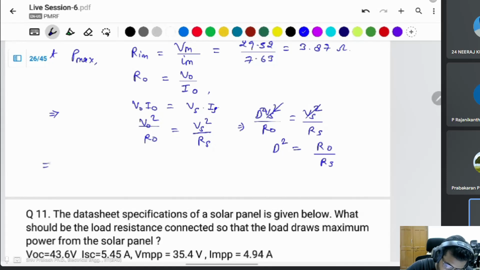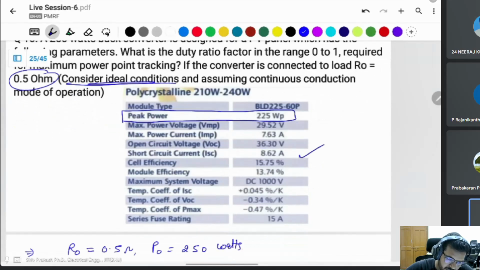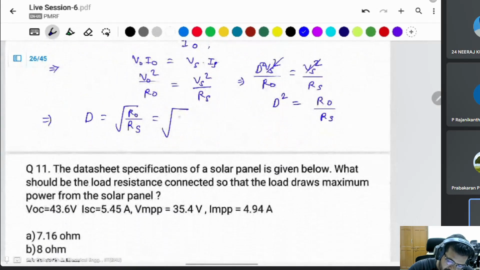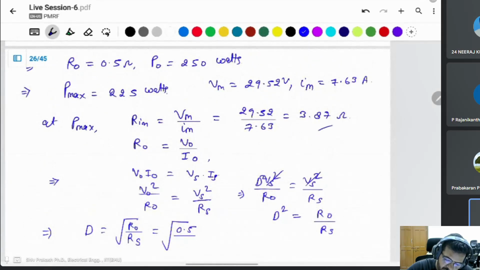Then what is the duty cycle D? Root of R naught divided by Rs. Load resistance is given 0.5 ohm, 0.5 divided by Rs, calculated 3.87.